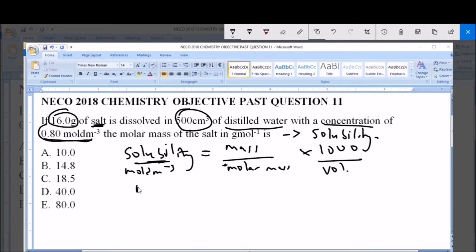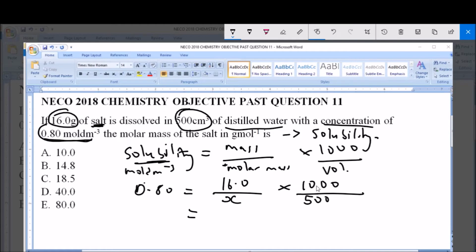So the solubility here, 0.80, is equal to mass 16.0 over molar mass unknown, let's call that x, times 1000 over volume, which is 500. So multiply this by this, and this by this, and this by this. That will give us 16,000 over 500 x, equal to 0.80.